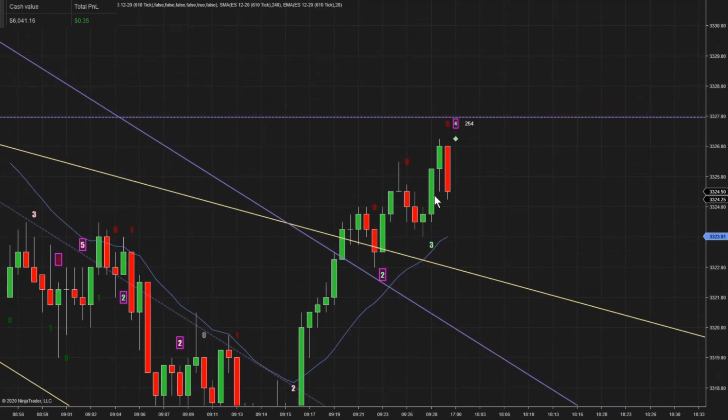Okay, so it made a leg down with a terrible signal bar, so not interested in this. Even though it can easily get down to the 20 EMA. That's unfortunate. Terrible signal bar. Still hasn't made a point.